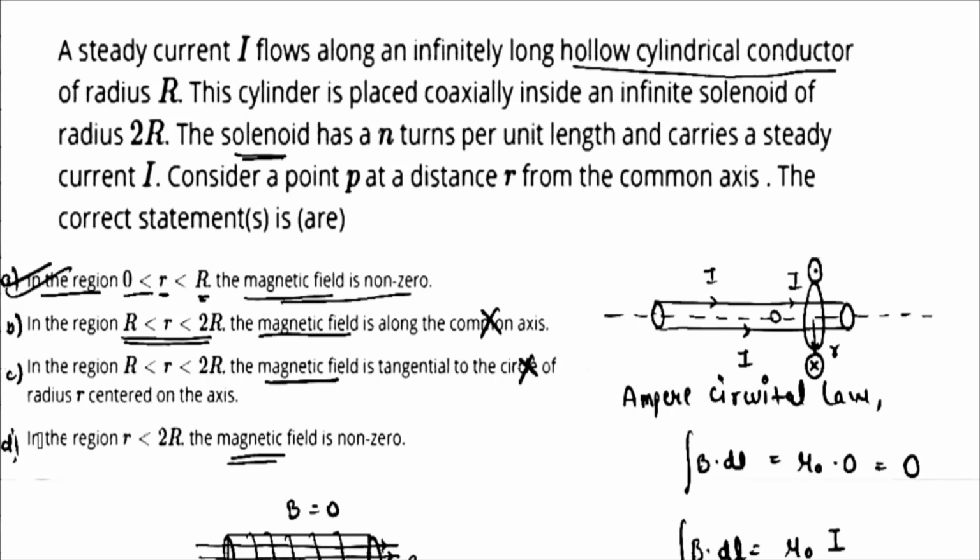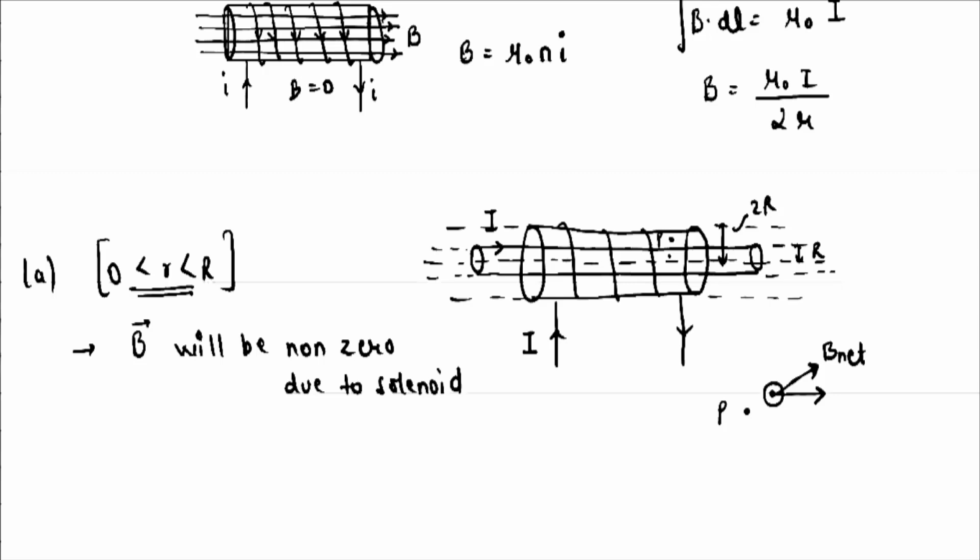In statement D, we have the statement that in the region greater than 2R, the magnetic field will be non-zero. So see, in this portion outside, let me take this point P outside the solenoid. Due to the solenoid at this point, the magnetic field would be zero.